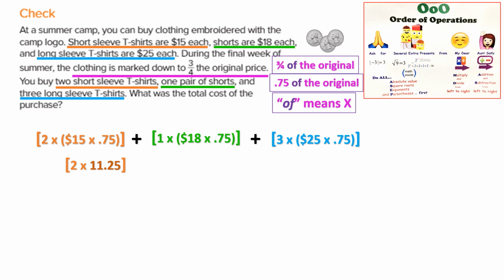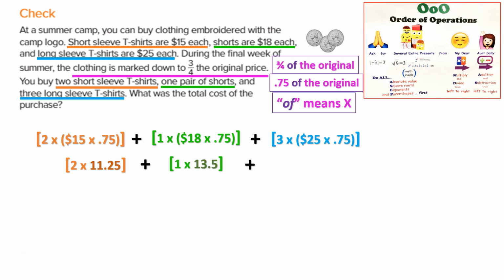So we have 15 times 0.75. We type that into our handy dandy calculator, and we see that that's $11.25. Then we'd have to multiply it by 2. On your handy dandy calculator, you type in 18 times 0.75, and what do you get?